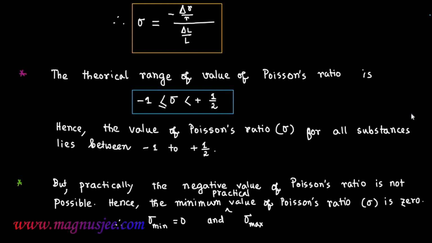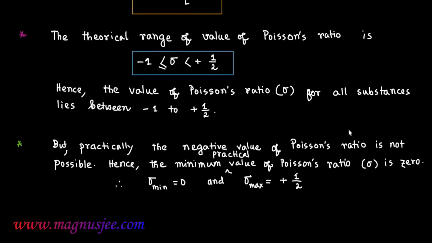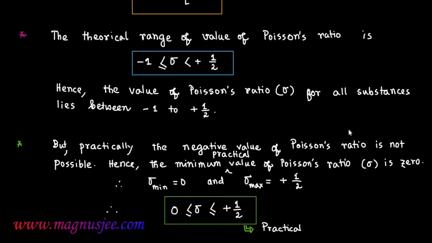Therefore, sigma min equals 0 and sigma max equal plus 1 by 2. So hence 0 less than or equal to sigma less than or equal to plus half. This is the practical range of value of Poisson's ratio.